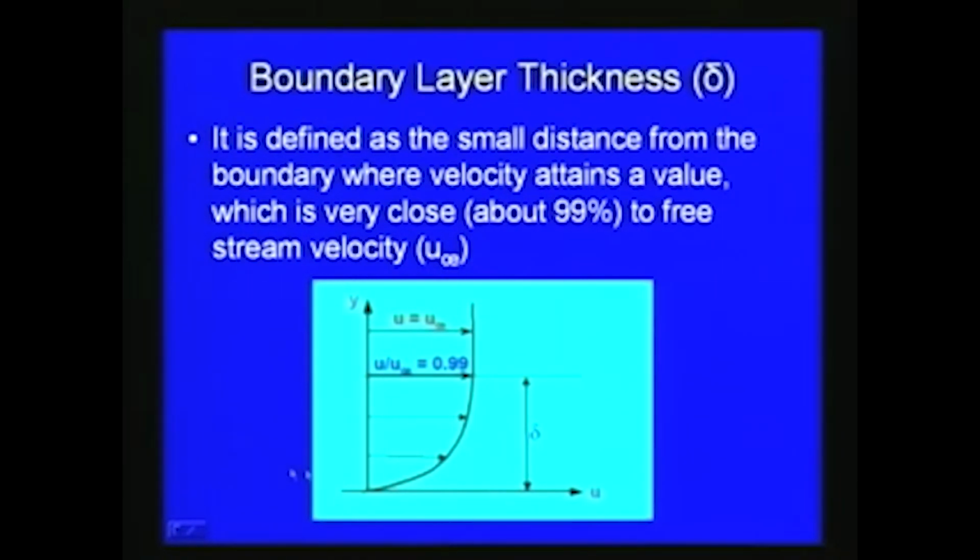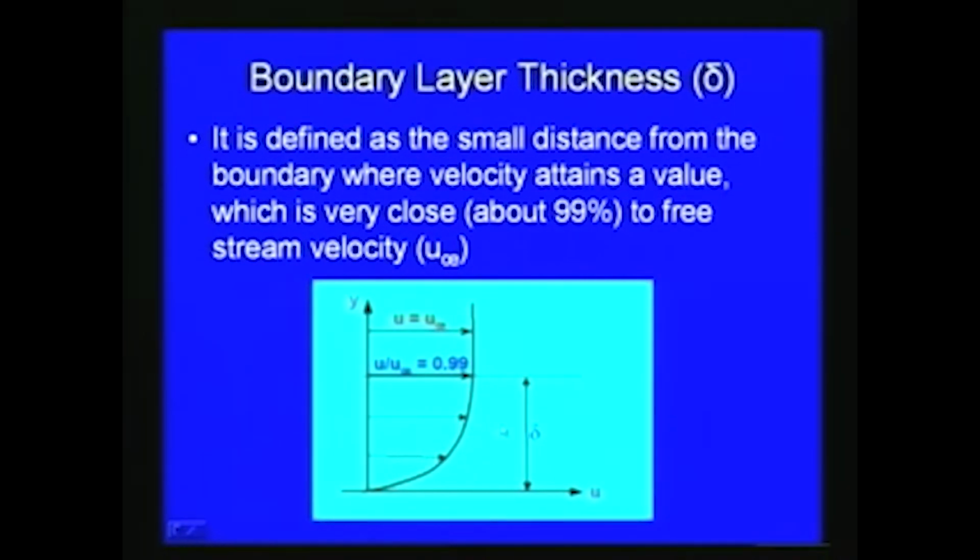If u infinity is the free stream velocity at this location, then the boundary layer thickness delta is defined as the distance at which u by u infinity, where u is the velocity at any location in the boundary layer, is equal to 0.99.